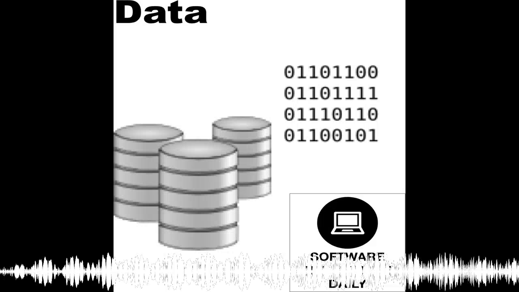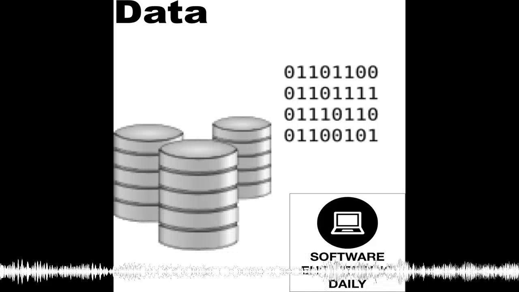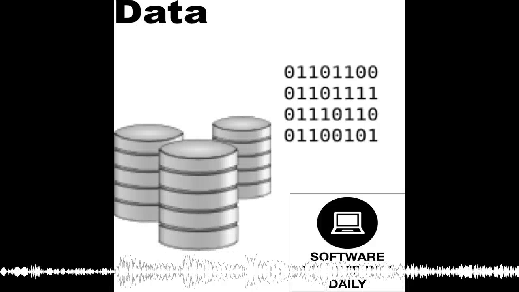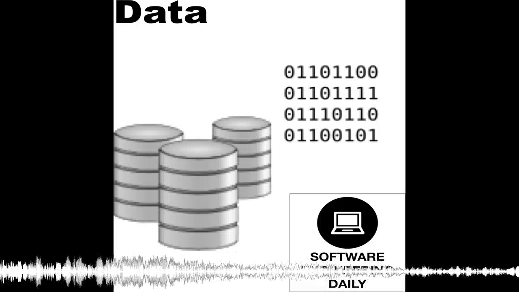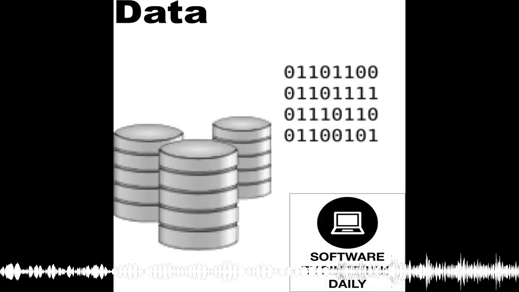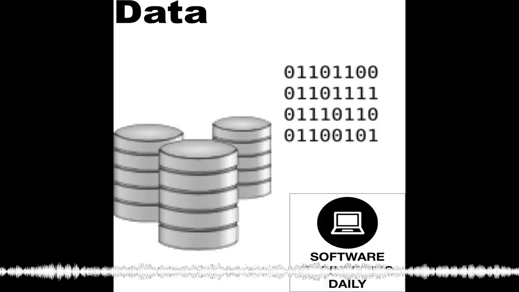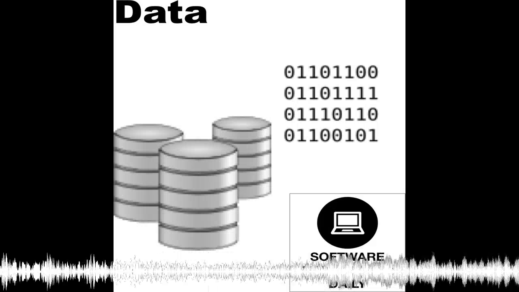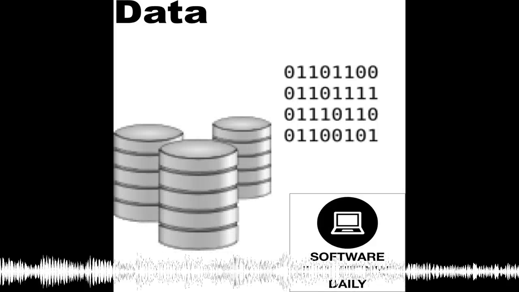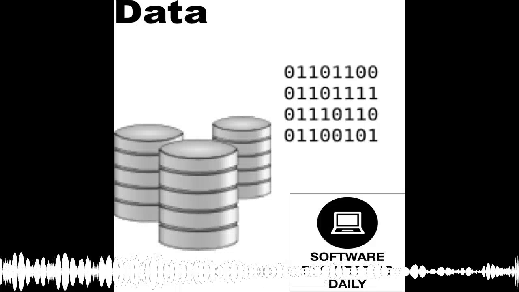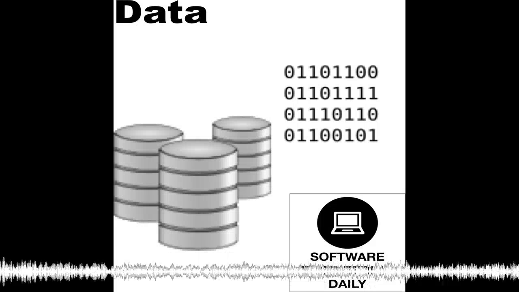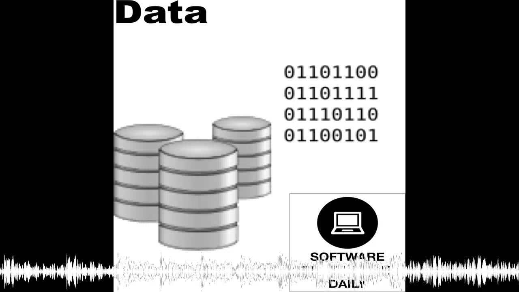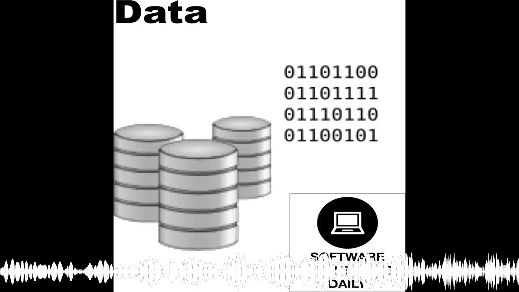ACID and BASE are terms coined by Eric Brewer, I believe. ACID, of course, is what we've come to know as atomic, consistent, isolated, and durable transactions. Now, in the world of relational databases, depending on the storage engines that you're using in different relational database systems, ACID transactions have come to be associated with consistent and isolated transactions on multiple rows.